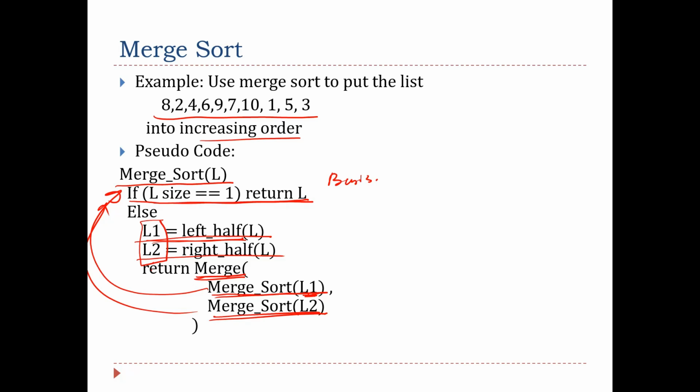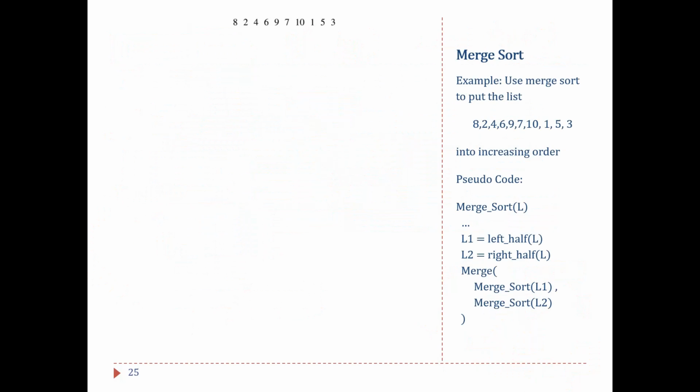So let's see how this works over the example. I omitted the details of the first if statement, and here we have the two instructions where we cut the array into two halves. So let's see how this applies. Let's call them line number 1, line number 2, line number 3, line number 4, and line number 5.